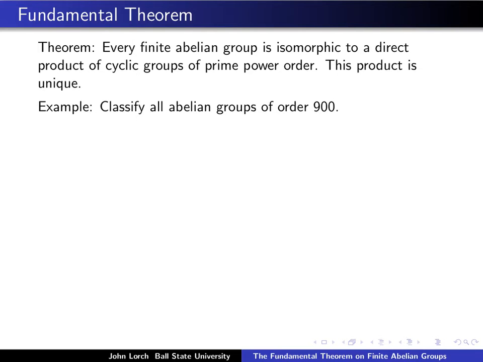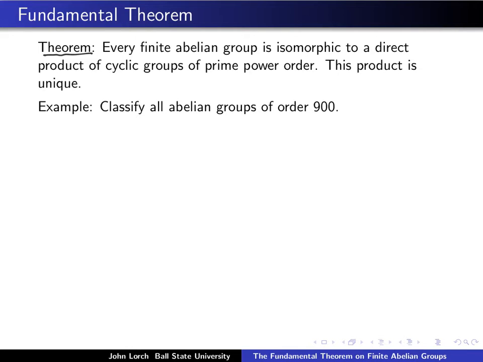So the groups are abelian, and if we apply this theorem, which is known, by the way, as the fundamental theorem on finite abelian groups, we know that any abelian group of order 900 must be isomorphic to a direct product of cyclic groups.